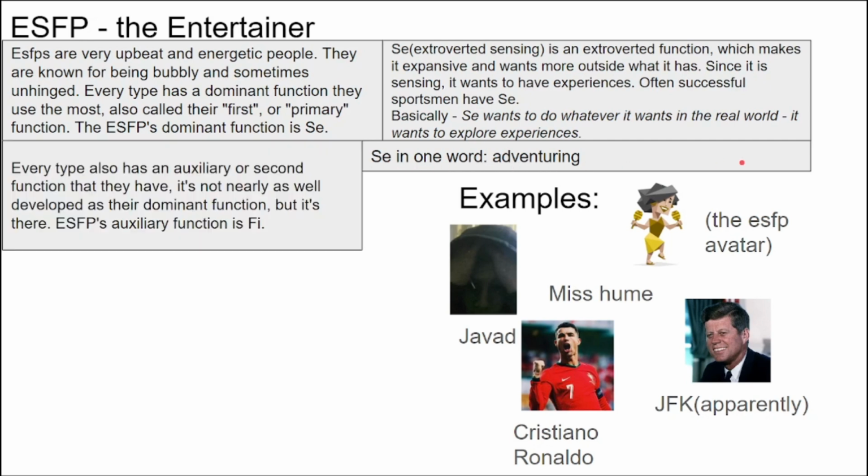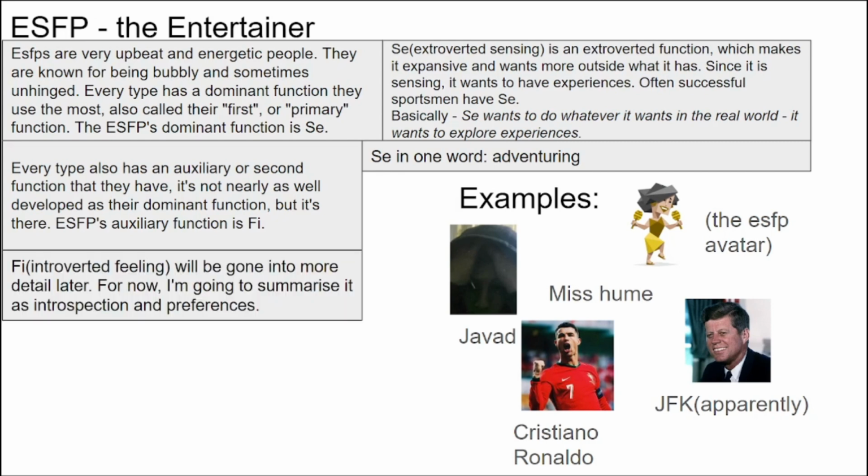Every type also has an auxiliary or second function. It's not nearly as well developed as their dominant function, but it's there. ESFP's auxiliary function is Fi. Fi, introverted feeling, will be gone into more detail later.